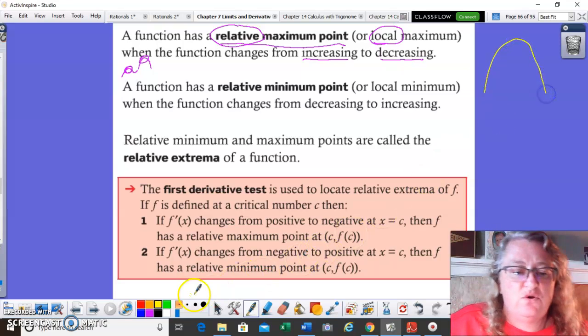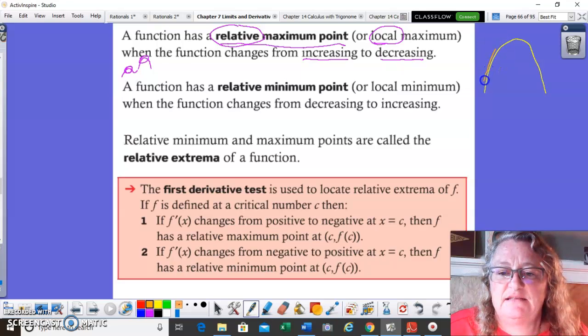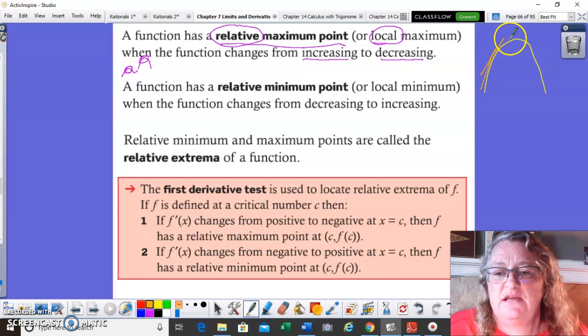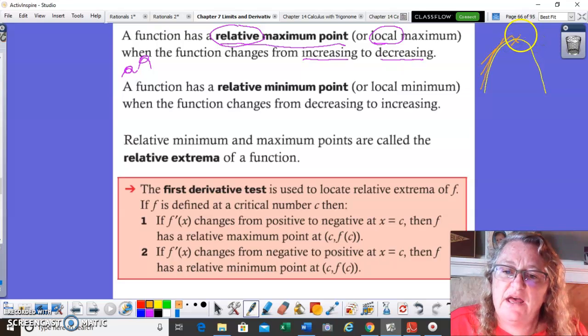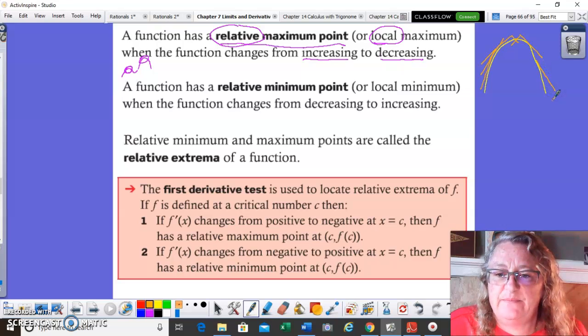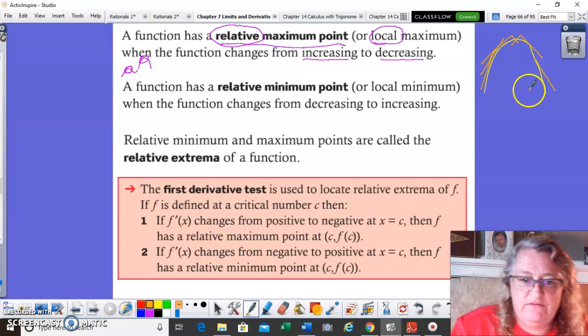This is a positive tangent line, this is a positive tangent line, this is a positive tangent line. But then all of a sudden, after we pass this maximum point, our tangent lines, the slopes, become negative. So that's why we go from a positive to a negative in the first derivative.